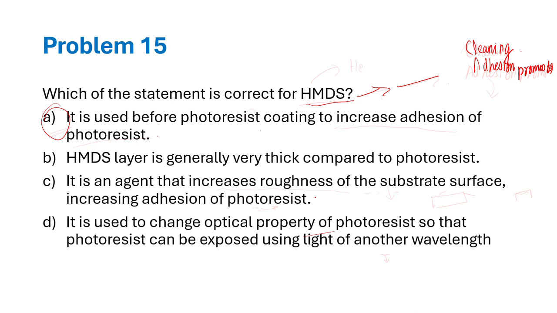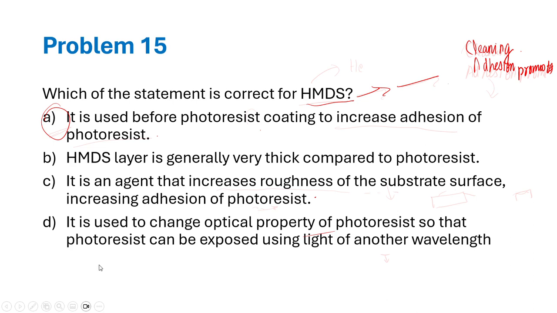So even for transistors and all, let's say we are going for patterning gate oxide or something. Then if we increase the roughness of the substrate, and after the gate oxide you want to deposit metal on top of that surface, then the roughness will cause an issue in subsequent processes as well.